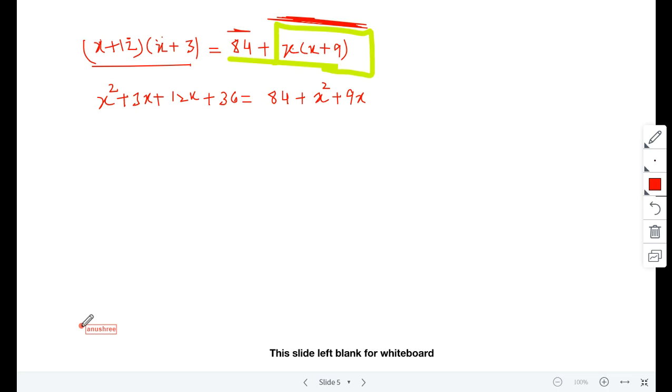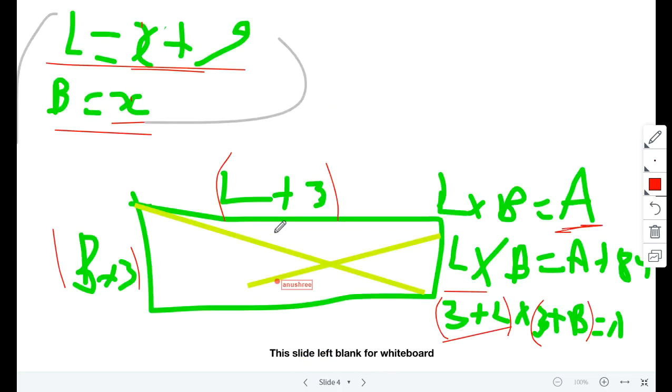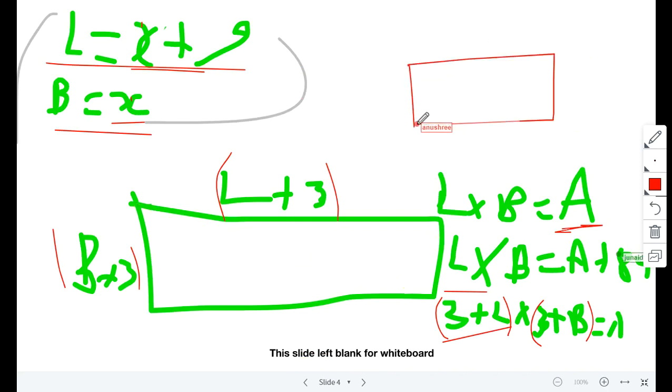Yes. But that's not right, because it says here that the length exceeds its breadth by 9. So why in the area have you written x plus 9? See, this is a rectangle in which breadth is x and length is x plus 9. Is this clear?